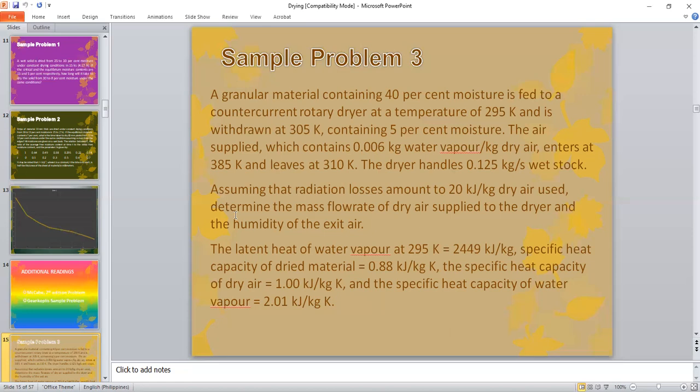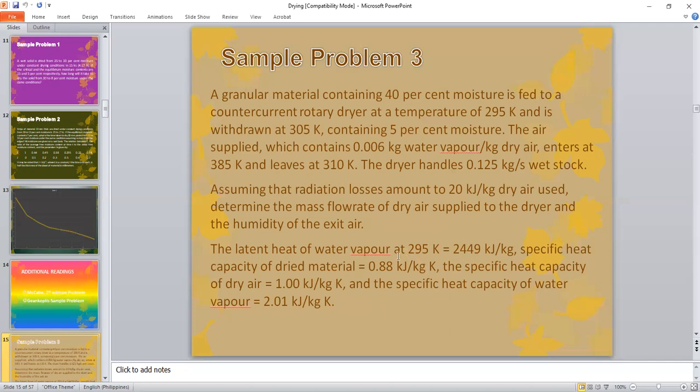So since we're using air which is not, shall I say, totally free of water vapor, and this particular air will also carry with it the evaporated water from our wet stock, then we expect that the humidity of our exit air will be higher than its initial humidity. So we are to determine what is this exit humidity of our drying medium, which is air. Now you're given here the latent heat of water vapor at 295 Kelvin, which is 2,449 kilojoule per kilogram.